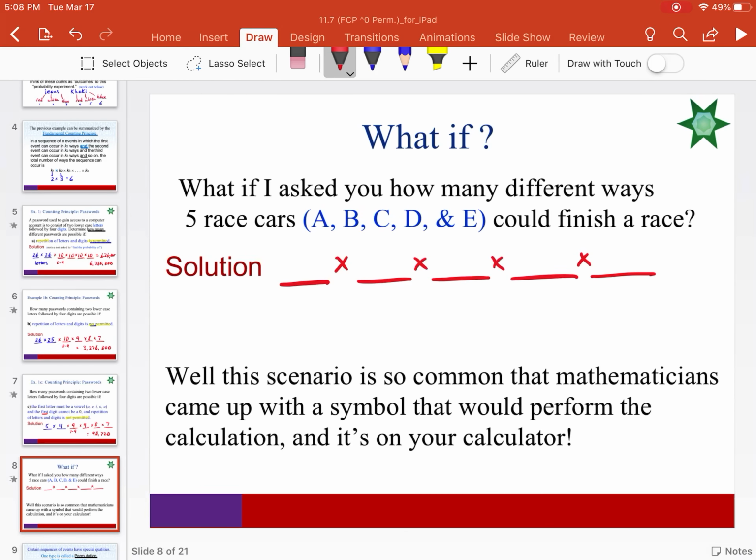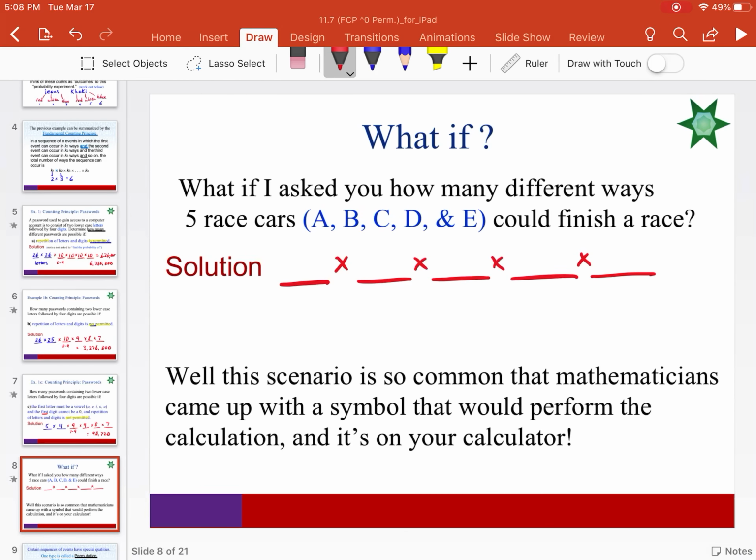Arranging things, looking at different orders of finish, is a very, very common scenario. But this idea of sequences of events, or arrangements, we just had an arrangement of 5 cars finishing. This is called a permutation.